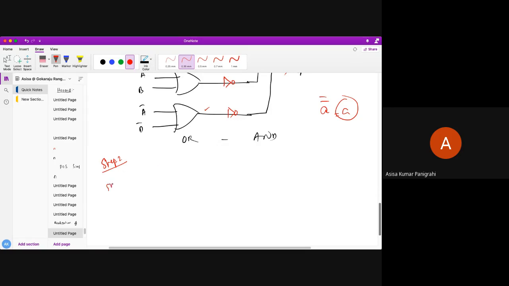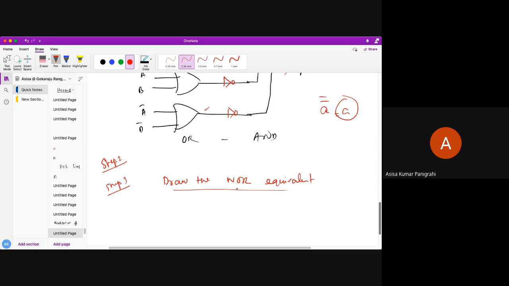Step 3 is to draw the NOR equivalent circuit. For that, what do you need to do immediately, students? You have already done it.